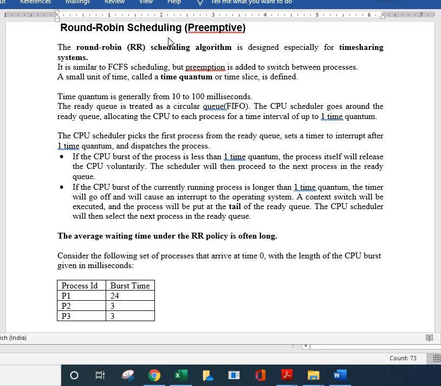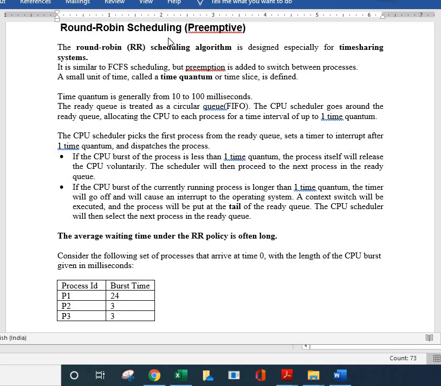So instead of that, if round robin scheduling is used, then in a fair kind of distribution each of the people is allocated some time slice. Maybe the time slice is 2 minutes.